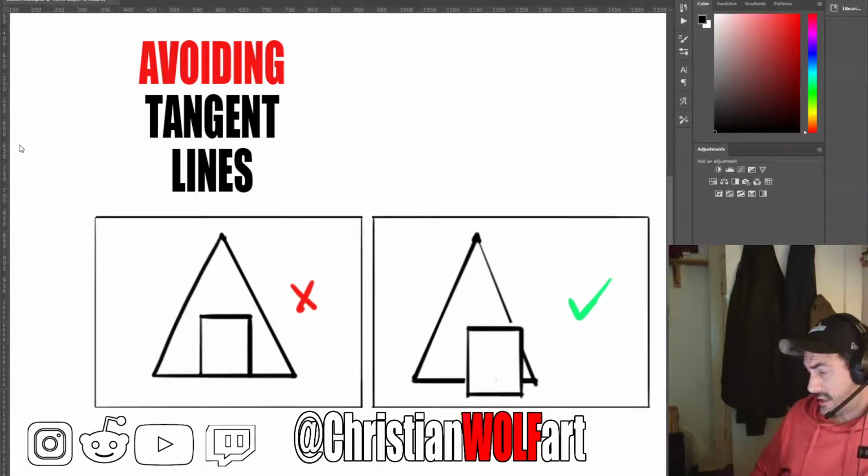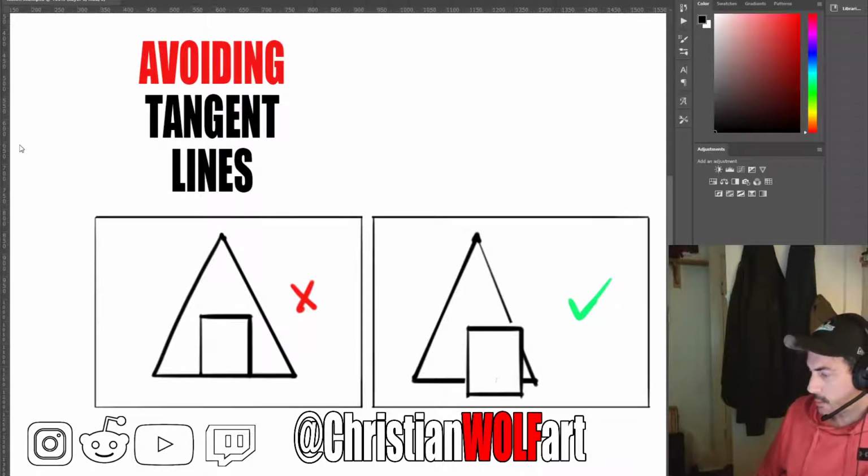So the second example on the right shows the box broken apart ever so slightly from where it originally was, and you can see the effect it has. Without using perspective or anything, we can tell that the box is sitting in front of the triangle, right? So that's kind of the idea of a tangent forming in example 1 with the X on it, and breaking a tangent would be the second example here.